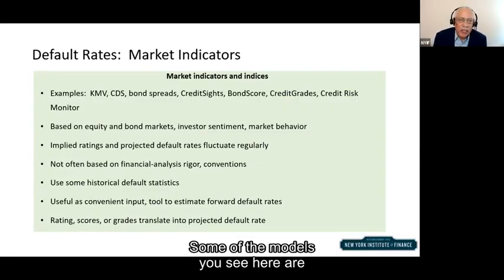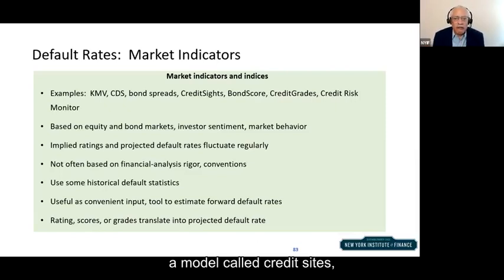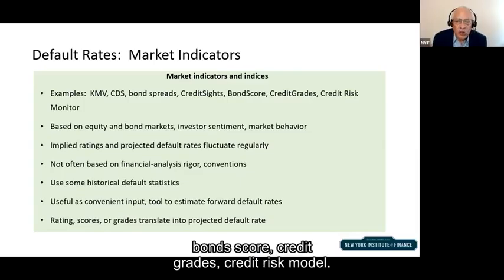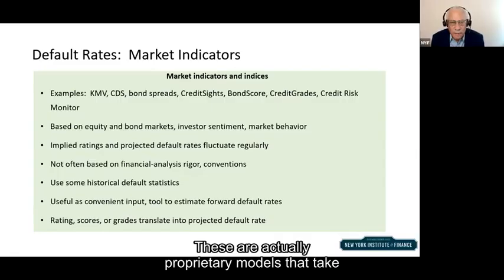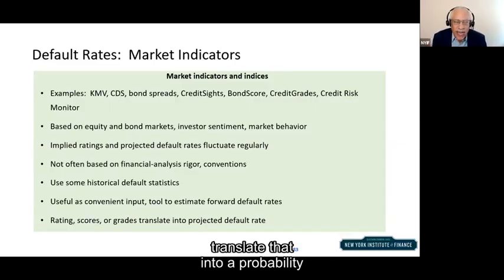Some of the models you see here are summarized by a model called KMV, a model called CreditSights, Bond Score, CreditGrades, CreditRisk model. These are actually proprietary models that take market-related data or public data and then try to translate that into a probability of default.